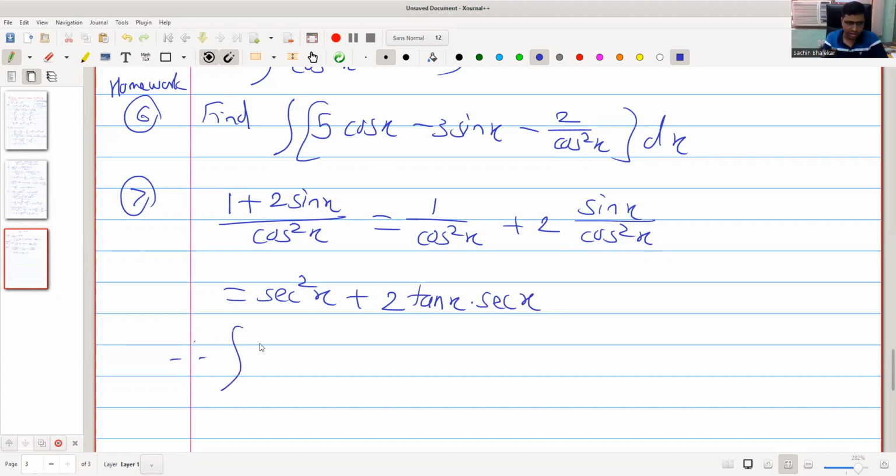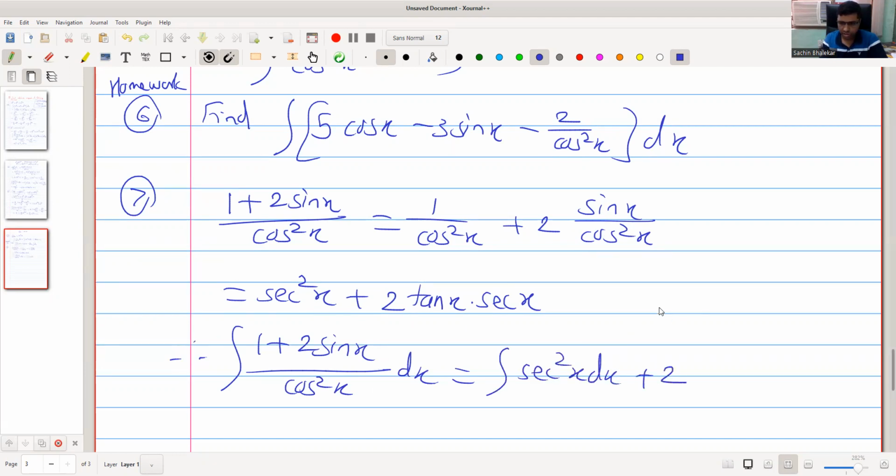Therefore the integral of (1 plus 2 sin x) upon cos squared x dx equals, by linearity, the integral of sec squared x dx plus 2 times the integral of tan x into sec x dx.